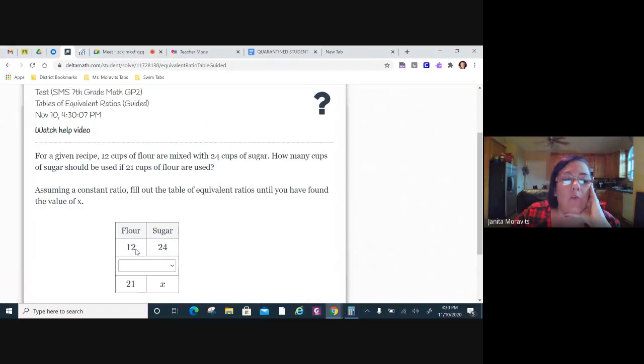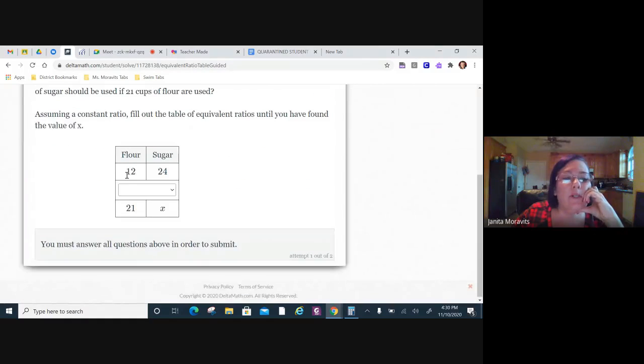Well, 12 and 24, you could kind of see that to get from 12 to 24, you would multiply that by 2. Or to get rid of the 12, you could divide by 12 and find out how much 1 is. But we want to go to 21.